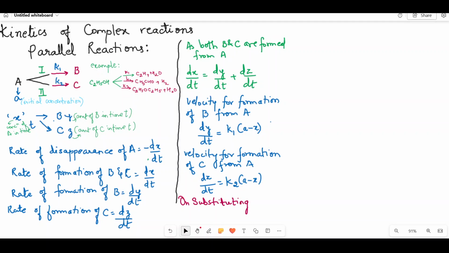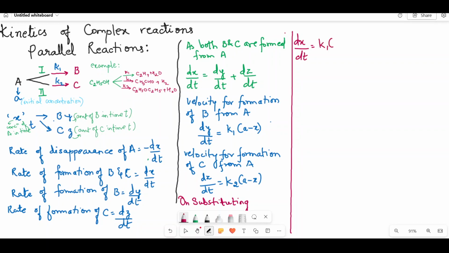On substituting, dx by dt is equal to k1 (a minus x) plus k2 (a minus x).